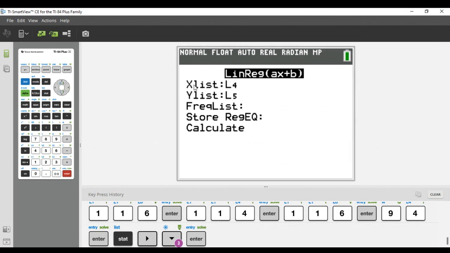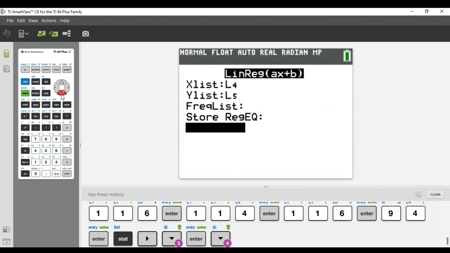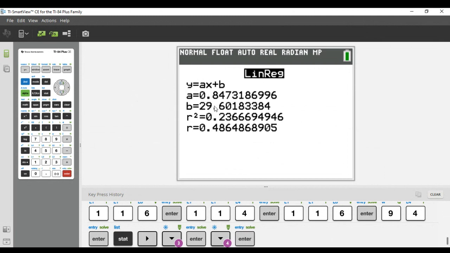Then make sure the x list and y list are where you put your data, and then calculate. So this is your y equals mx plus b, so the y equals ax plus b there. Your a is just your slope. That's 0.8473. And then your b, your y-intercept is 29.6.